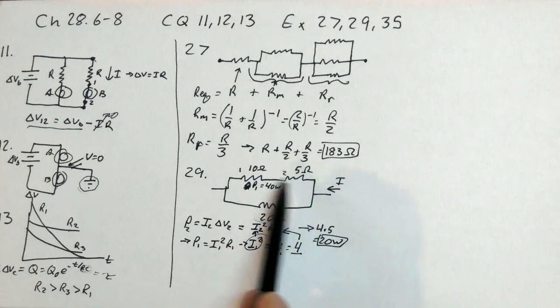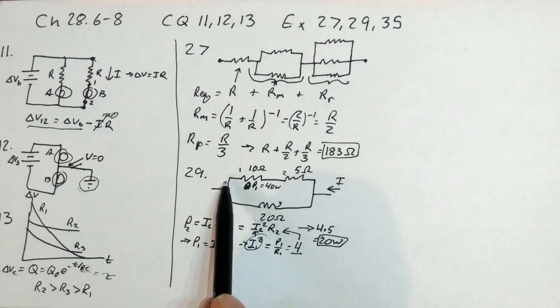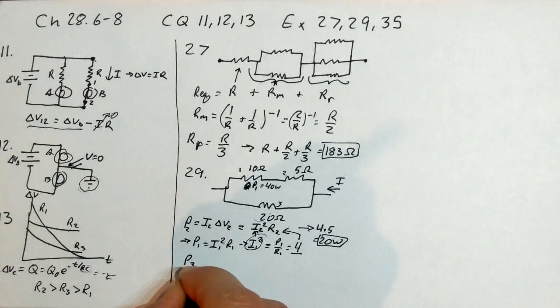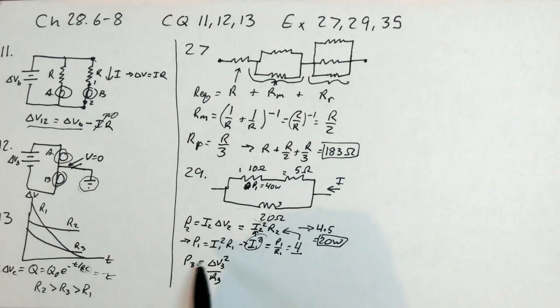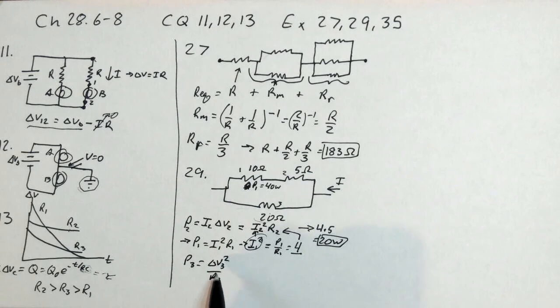These are in parallel, so the voltage is the same between this leg of the circuit and this leg of the circuit. So I might want to say P3 is delta V3 squared over R3. Use that form of power. Because if I can find the potential across this one, which I can, since it's the same as this one, I just divide by its resistance.